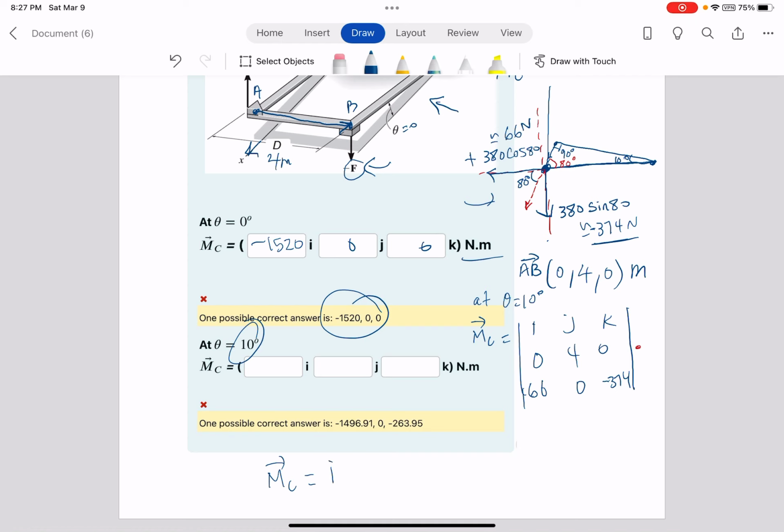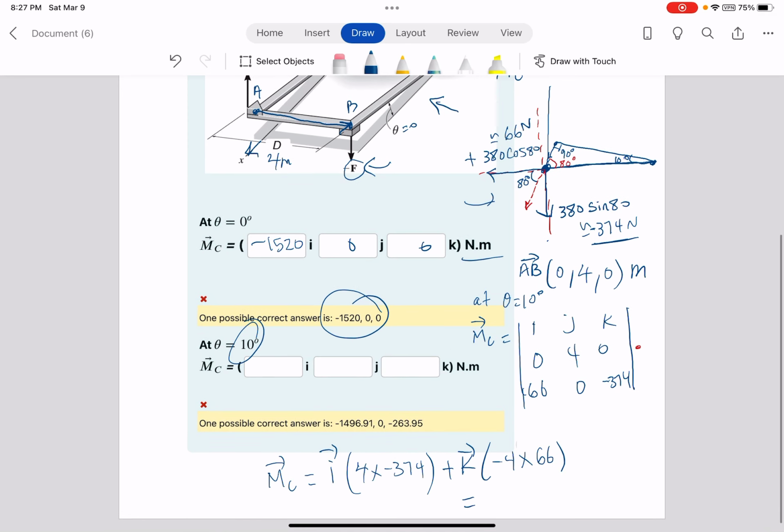The I component is 4 times minus 374. The J is 0 times that minus 0, so there's nothing for J. The K is 0 times 0 minus 4 times 66.